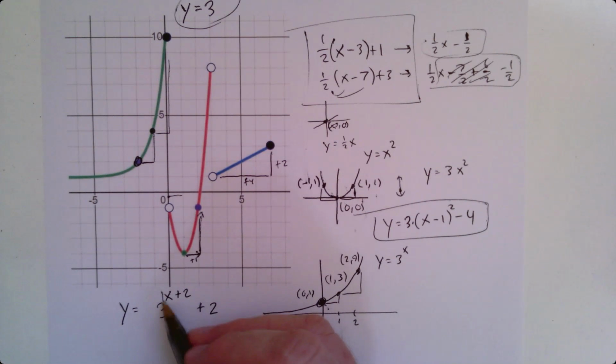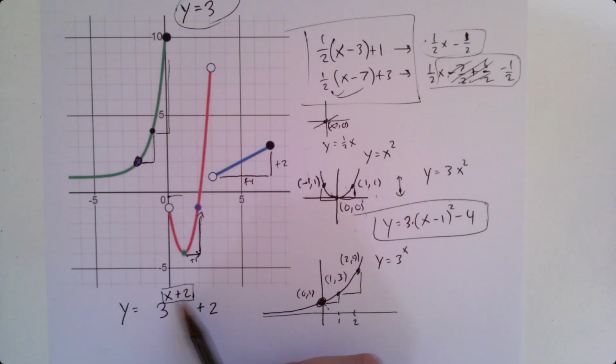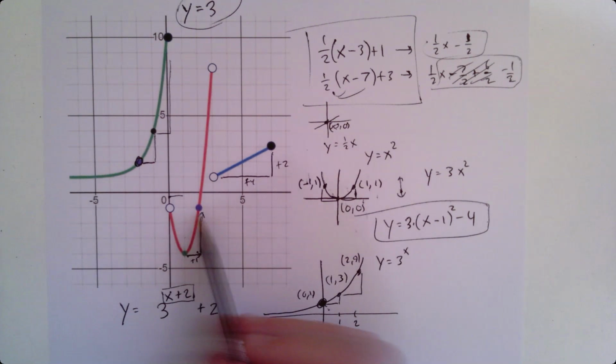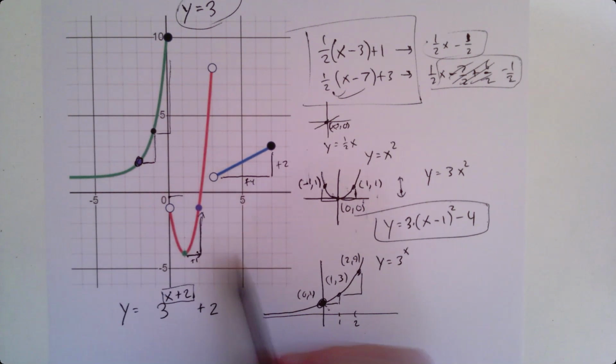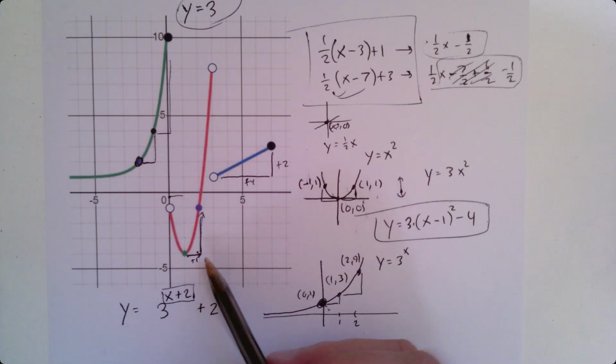And again, the way that you can tell is ask, is the thing that you're doing on the inside of the parent function? You'll know it's on the inside if you're affecting the x value before it gets converted to a y value. That's how you know it's a horizontal transformation, because affecting x values will change how far over it is, which is an x value.